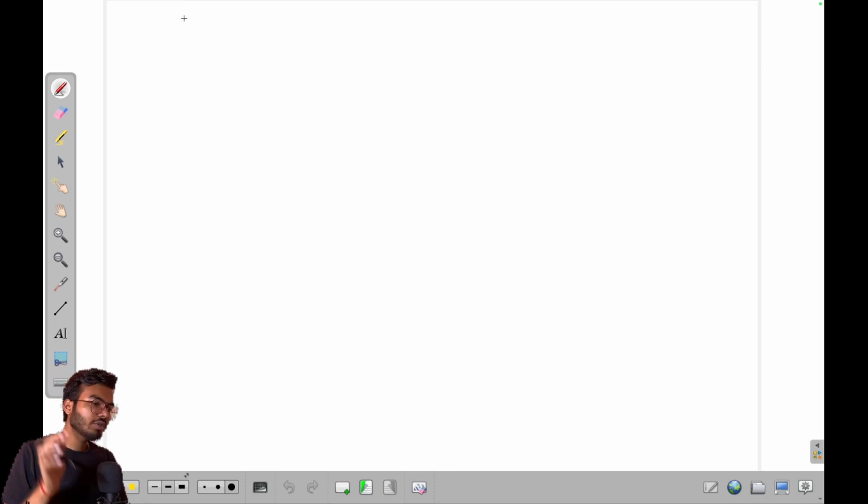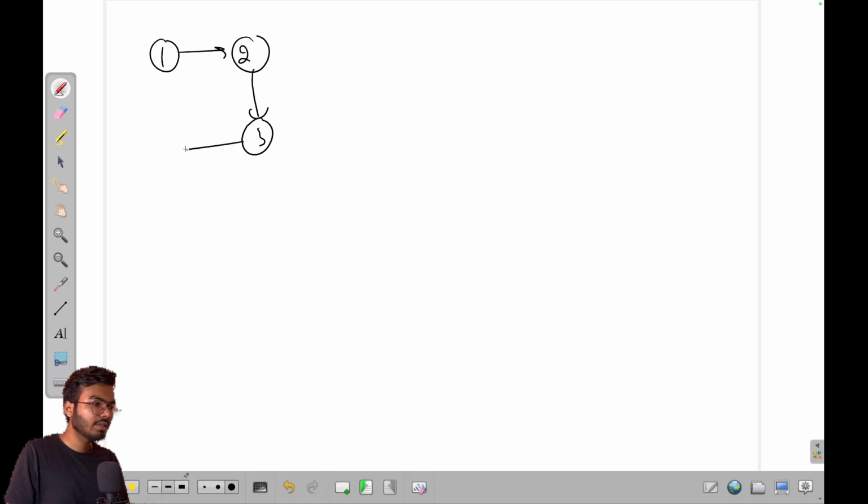Now that you know what strongly connected components are, let's also discuss one more thing. Let's say we have something like 1, 2, 3, and 4. This is a strongly connected component. What if I add more edges? Is this still a strongly connected component? You will say yes.